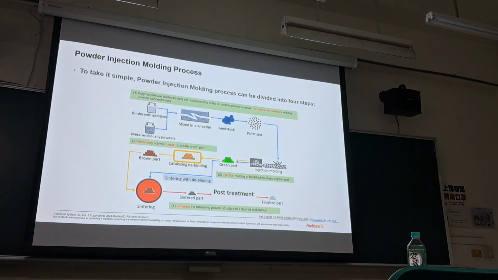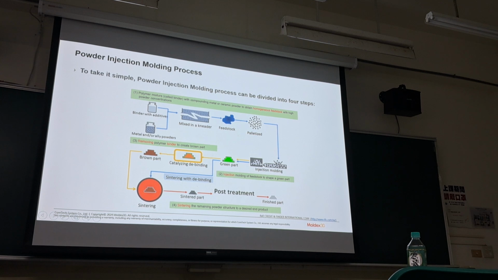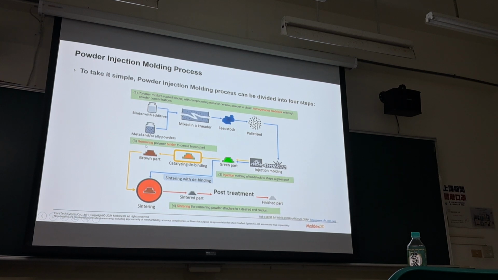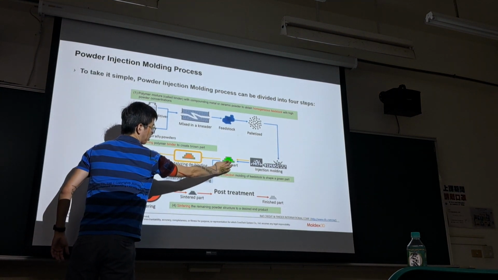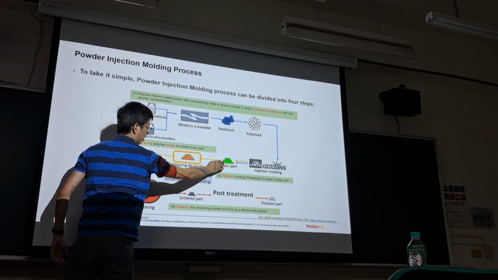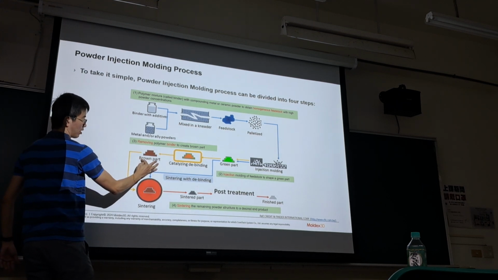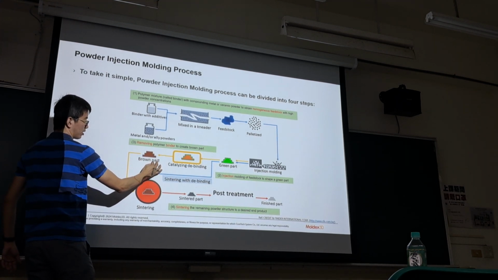And then we are going to do the third procedure, trying to remove the polymer binder. So this is the green part. If we are able to remove the binder, we can have a brown part.